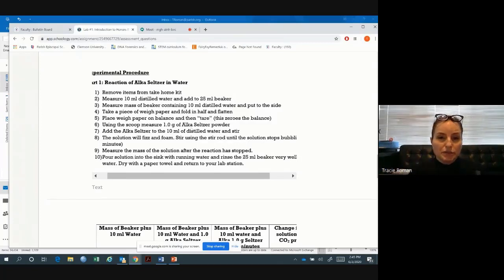Sometimes we can use tap water, and sometimes we need actual distilled water. You should have a bottle like this, and the little D in front of H2O means distilled water.